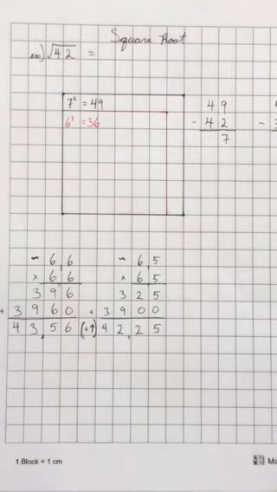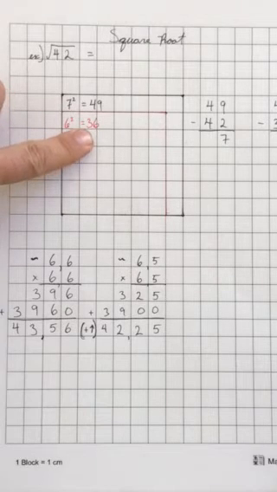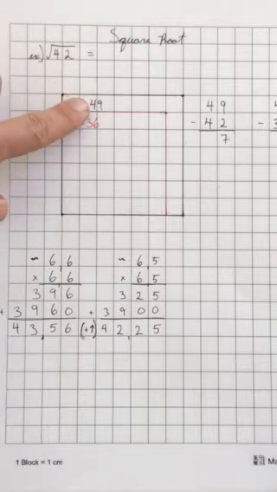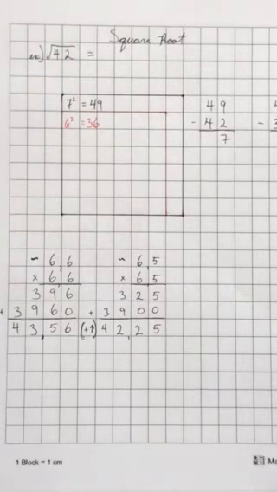Okay, and this is going to be a little bit like division, what we're looking at right now. You want to ask yourselves, what square value from my reference table can I fit into 42? Okay, now the square value of 6 is 36, and the square value of 7 is 49. 49 being a greater number than 42, we can't use it.